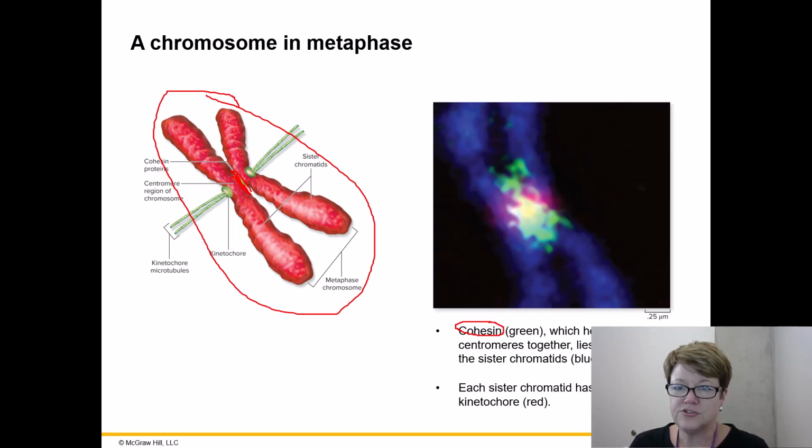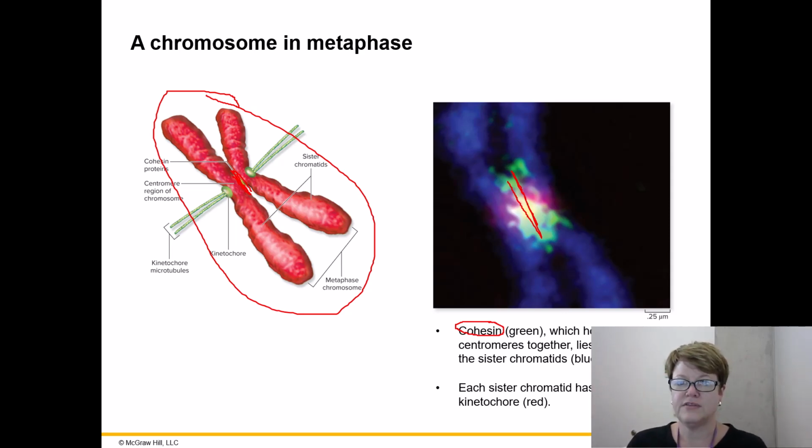And then in this picture here, this is an actual micrograph where they stained the cohesin proteins green. So you can see them here lying between. What's showing up in blue are the two sister chromatids. So it's kind of interesting. And so the cohesin will hold those chromatids together until the exact moment when they are then released.